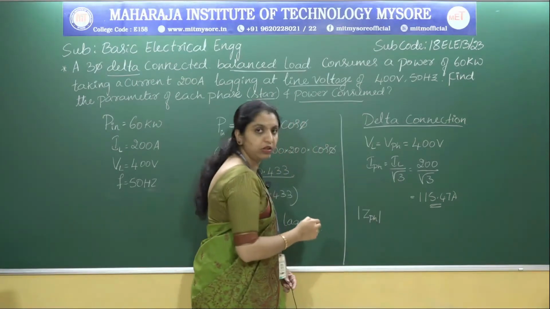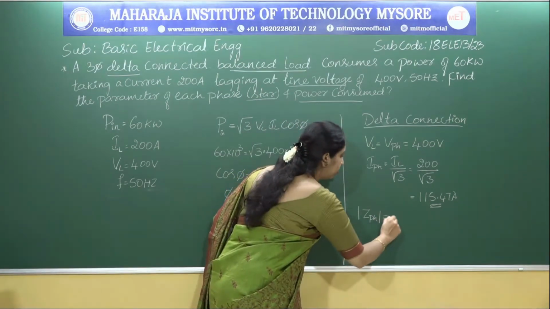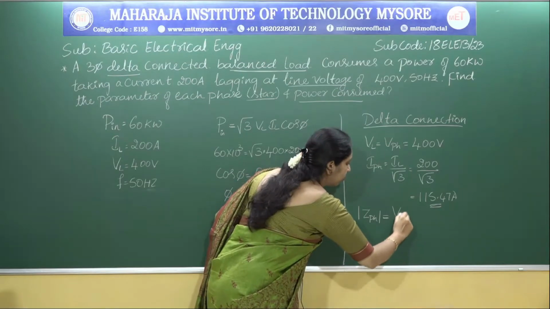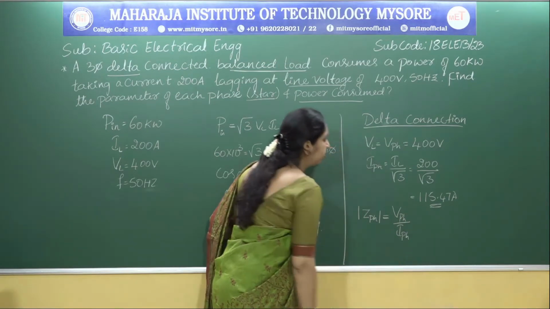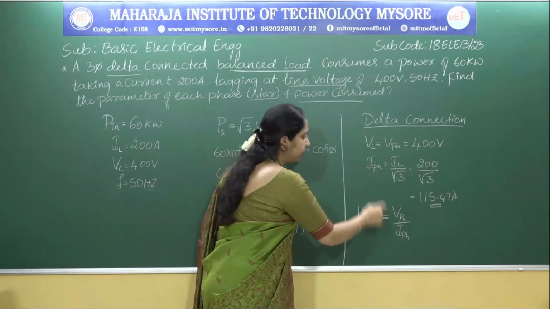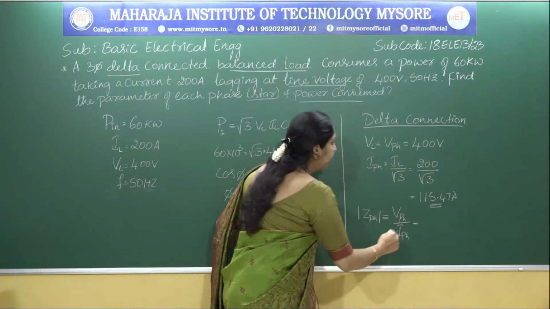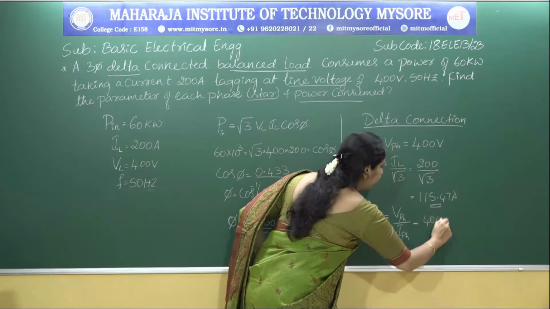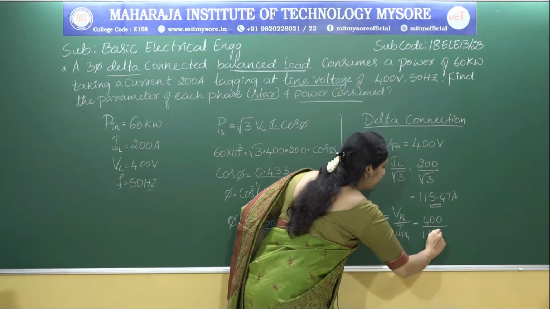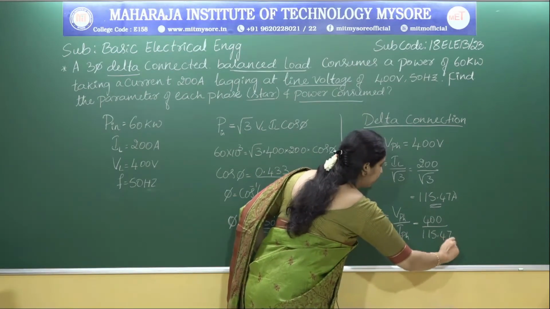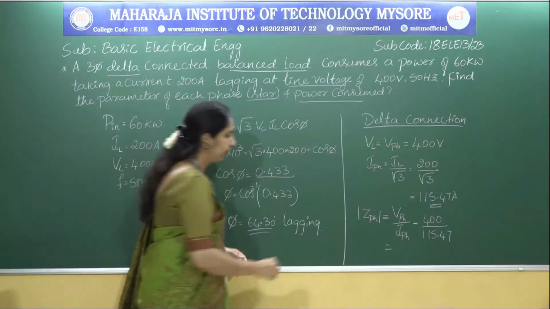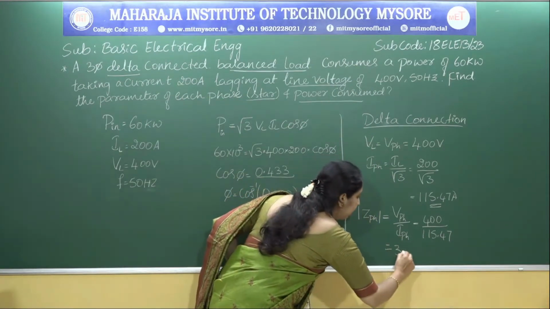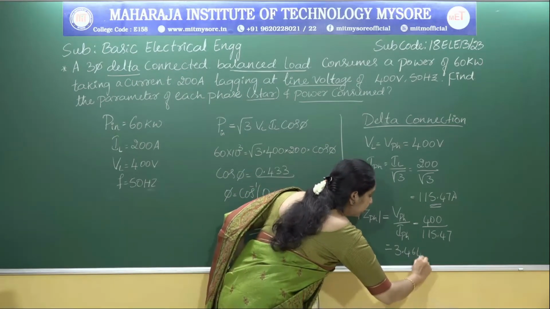Once we find the values of VPH and IPH, we can find the value of ZPH, the load at each phase. ZPH is equal to VPH divided by IPH. Now substitute the values: VPH is equal to 400, divided by 115.47. So we get ZPH as 3.464.